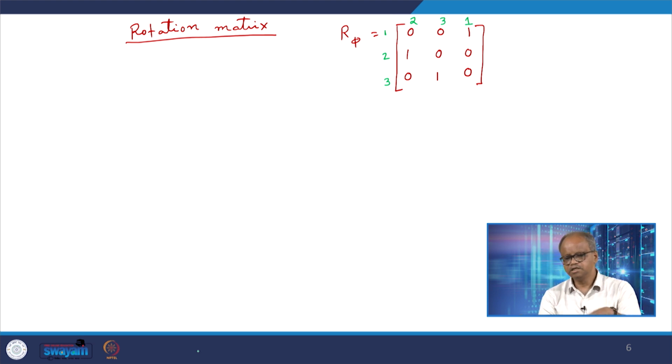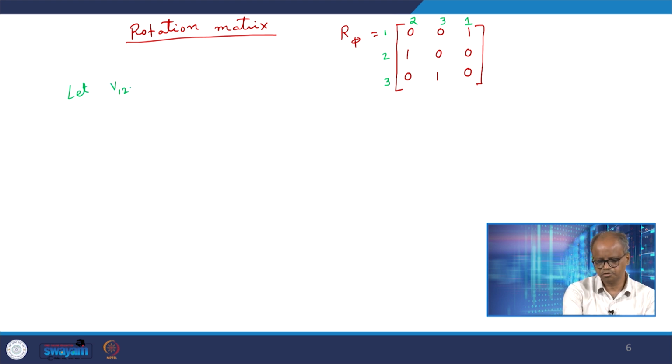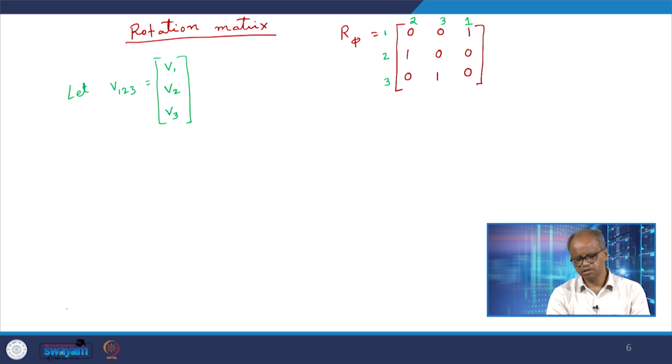Now, what is the effect of this transposition? Suppose I define a vector v1, v2, v3, right. Now, let us see what happens if I do this operation R phi into v1, v2, v3.